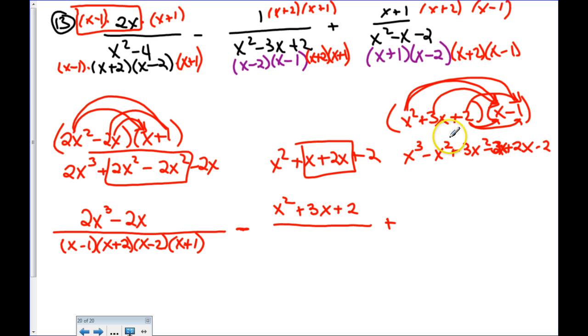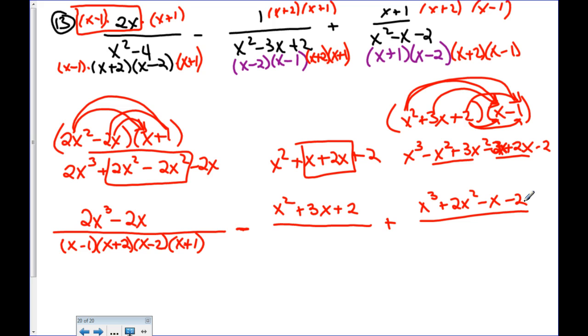So I can put these 2 terms together and these 2 terms together, right? So I have x to the third. What is negative 1 plus 3? 2x squared, yep. And negative 3 plus 2 is negative 1x. And then I have minus 2 here.